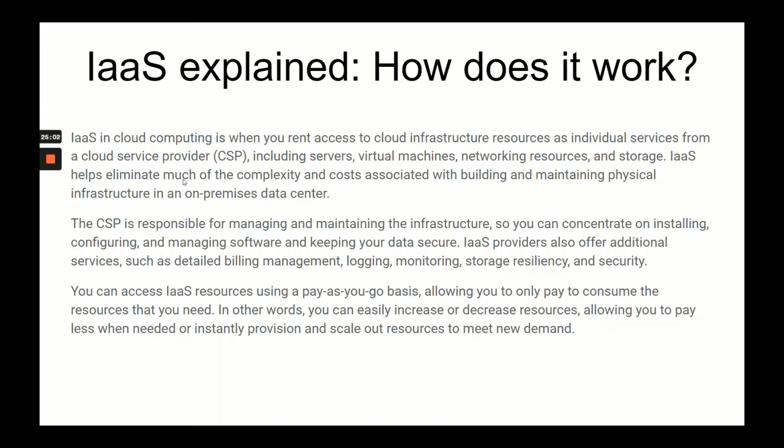IaaS helps eliminate much of the complexity and cost associated with building and maintaining physical infrastructure in an on-premise data center. This was already discussed in our data center and cloud lecture. I don't need to explain it once again, right? The cloud definitely reduces the complexity. The cloud service provider is responsible for managing and maintaining the infrastructure.